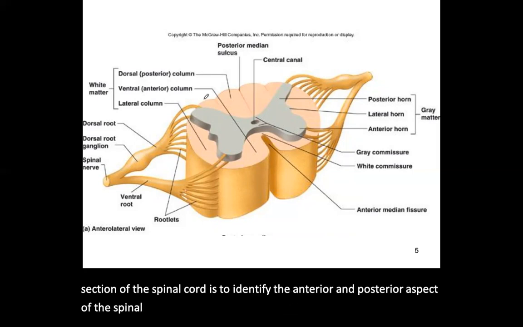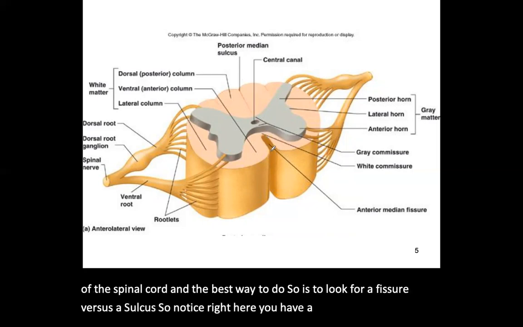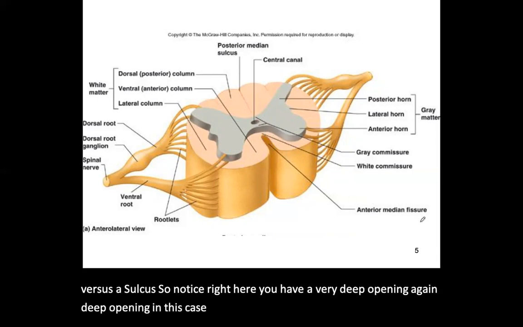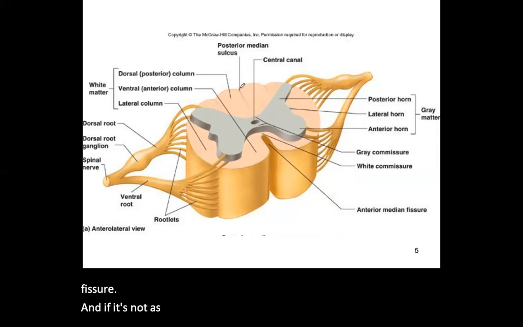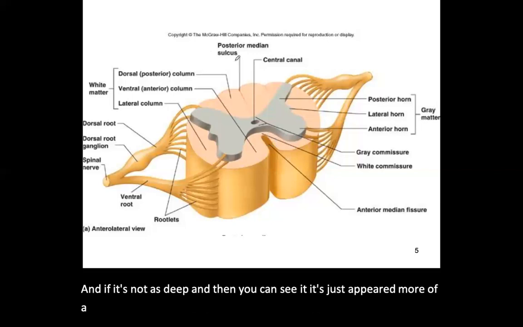The best way to do so is to look for a fissure versus a sulcus. Notice right here, you have a very deep opening. A deep sulcus would be referred to as a fissure. If it's not as deep and appears more like a line than a gap, that's known as a sulcus.